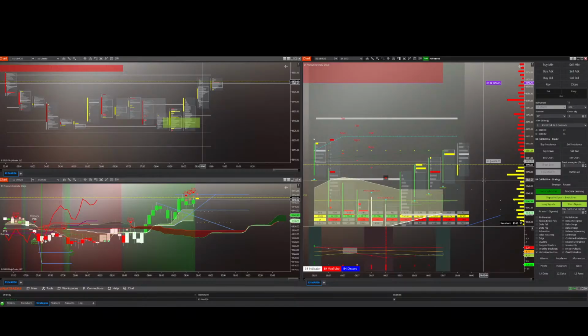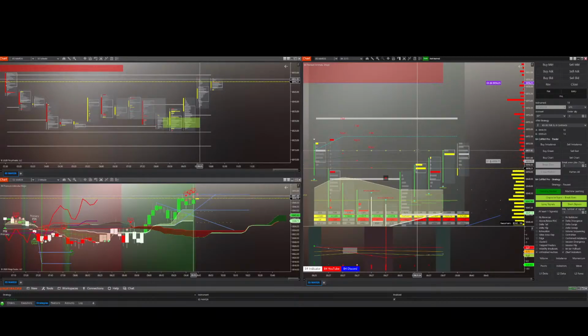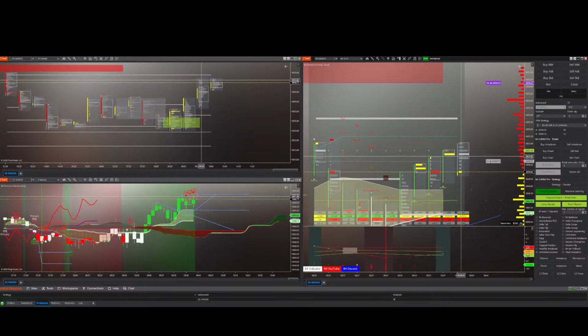Stop filled. Volume built heavy on the candle at a major resistance area. Volume built at the top of the candle. Engulf this candle.